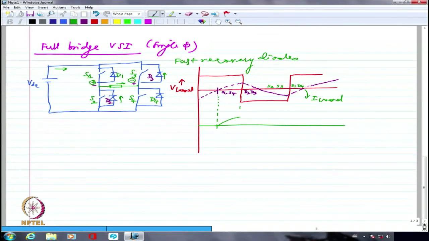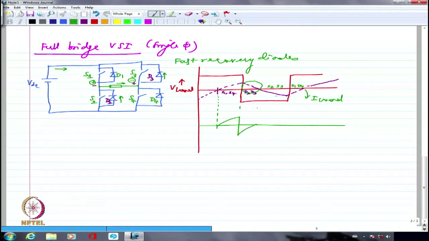Whereas this portion of the current is flowing from the load into the supply, so it is in the opposite sense. So I have to show it as though this is coming until here, maybe somewhat like this.